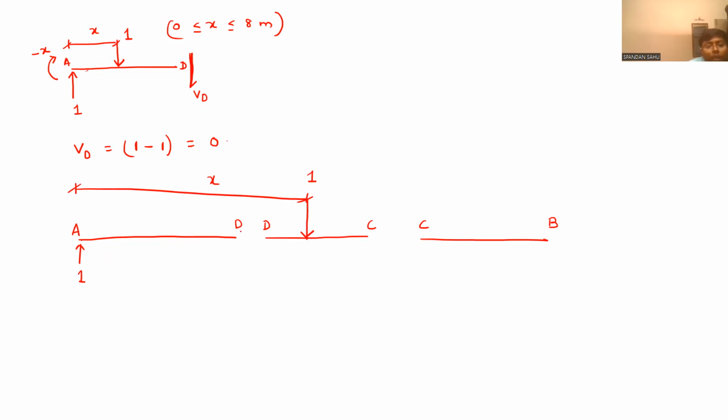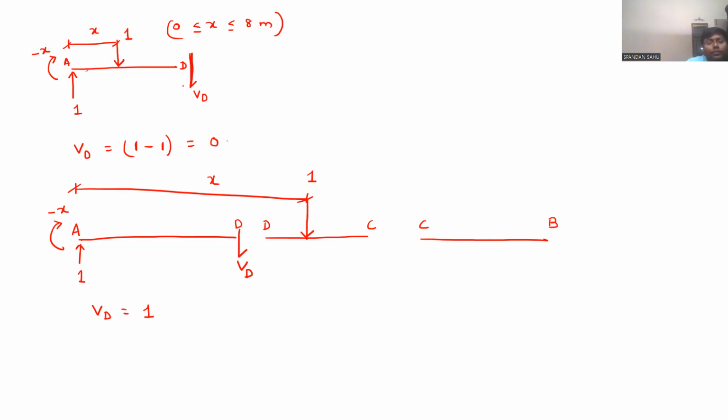Now you need to again ascertain VD when the unit load is passing between D and C. Now tell me, VD will be 1 directly. That means your ILD between D and C will be constant and its magnitude will be 1.